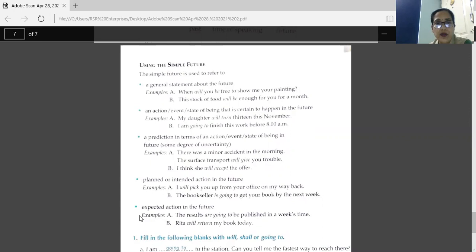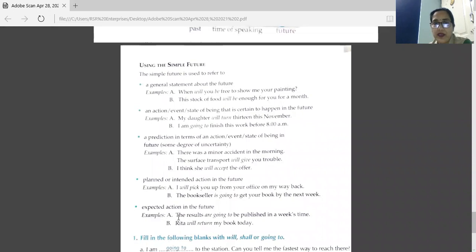Now, next point, expected action in the future, something expected which will happen at some future time. The results are going to be published in a week's time. So for that expectation or expected action, we are using the going to form here, results plural. So we have are here, going to be published in a week's time.